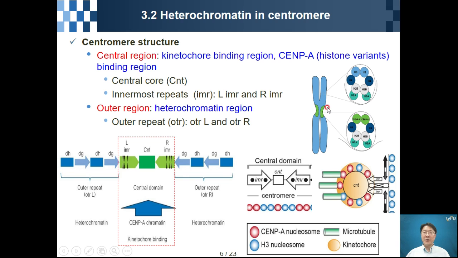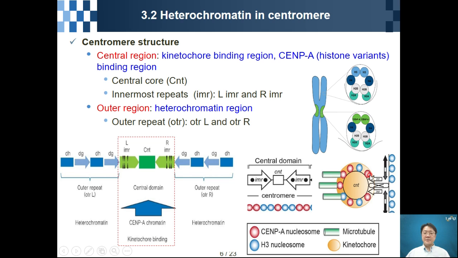But especially in the centromere region, there is a variant. We call it the CENP-A nucleosome. Instead of the H3 histone, a CENP-A histone variant is located here. We call this nucleosome the CENP-A nucleosome, and the normal nucleosome the H3 nucleosome.